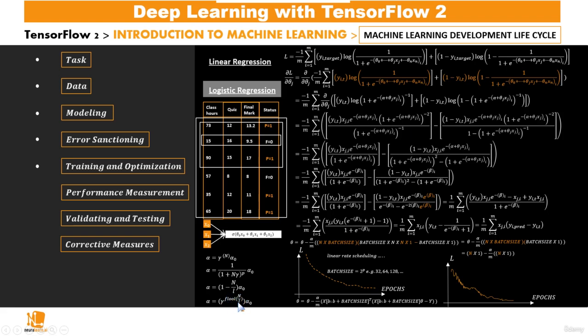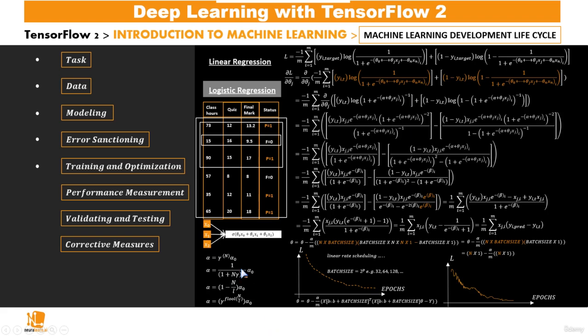So the floor basically takes whatever number and gives the closest lower integer. So here we have gamma to the floor of n over L times alpha 0. L is a parameter which we could choose, gamma is a parameter which we could choose, and n is the number of epochs. So those are some of the learning rate scheduling policies we could use.